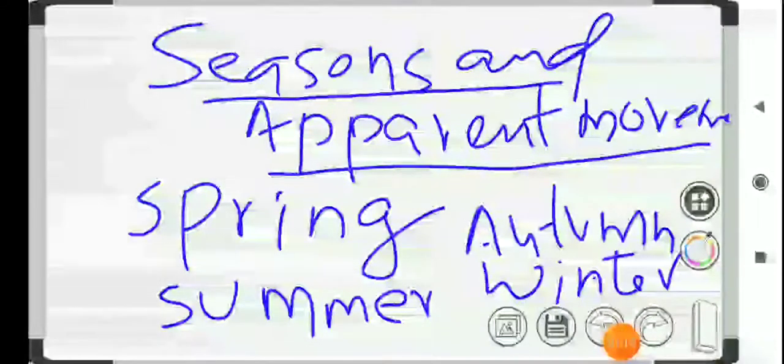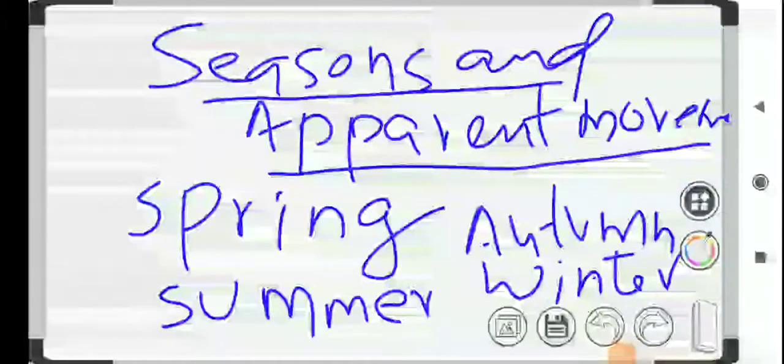We have already discussed that seasonal changes are not obvious in the tropical region and in the frigid region. Why is it not obvious? Because of the incidence of a large amount of sun rays throughout the year in the tropical region.